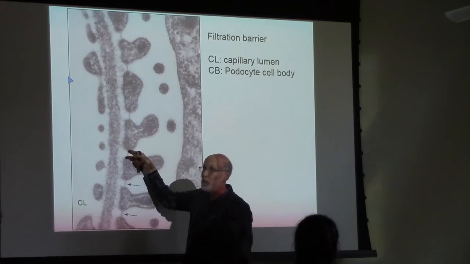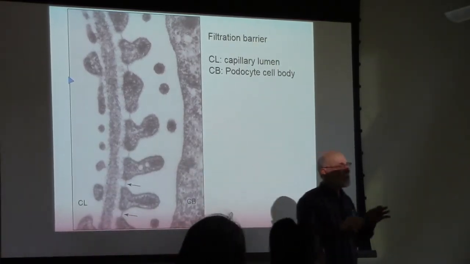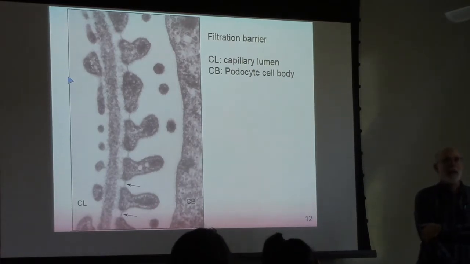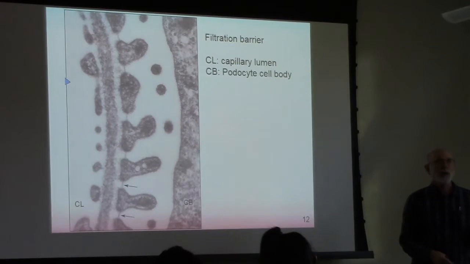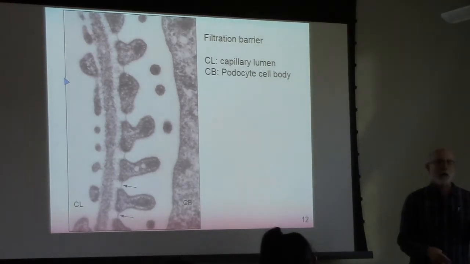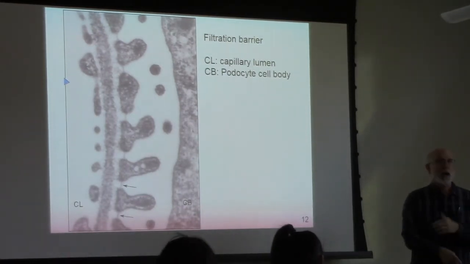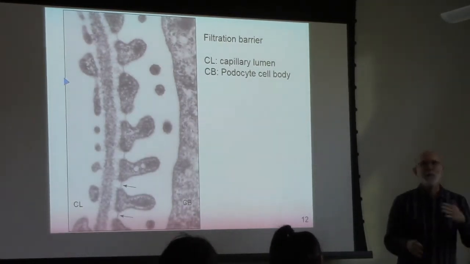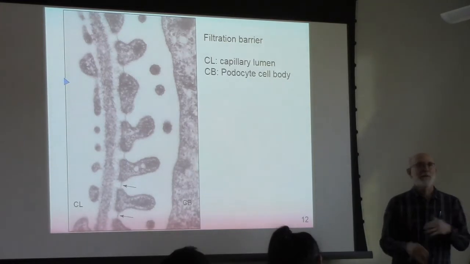So these filtration fenestrae and slits are so small and specially structured that they allow water, sodium ion, potassium ion, phosphate ion, chloride ion, and glucose to pass through, but not albumin, not a protein. The molecular weight of glucose is, I don't know, 180? Something like that.